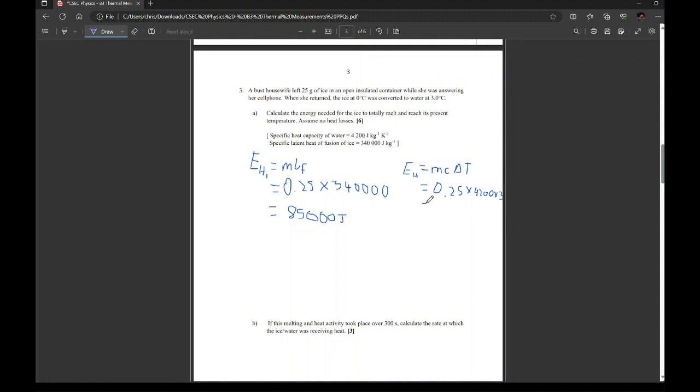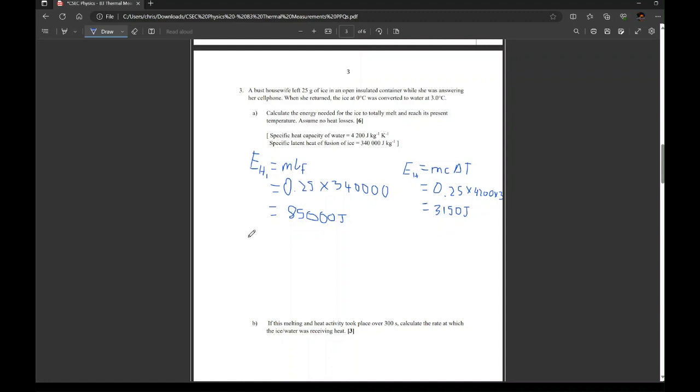So that is our formula. 0.25 multiplied by 4,200 multiplied by 3 gives us 3,150, and of course that's in joules, because everything there was in SI units except the temperature, but as we explained earlier, it's a temperature difference, so you'd still get 3 either way, even if it's in Celsius or Kelvin.